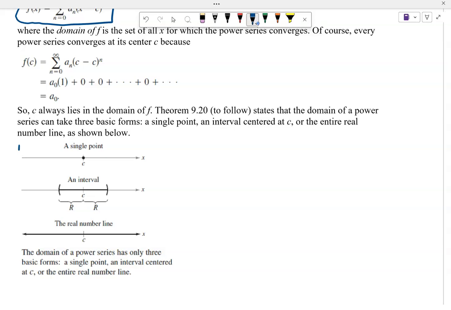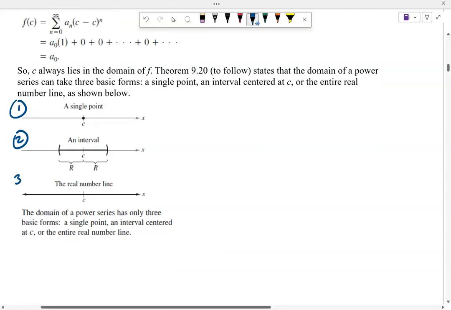It'll either be a single point, number 1, an interval, or the entire real number line. Okay. So every power series will converge at its center, and again, it'll be one of those 3 scenarios depending on context.